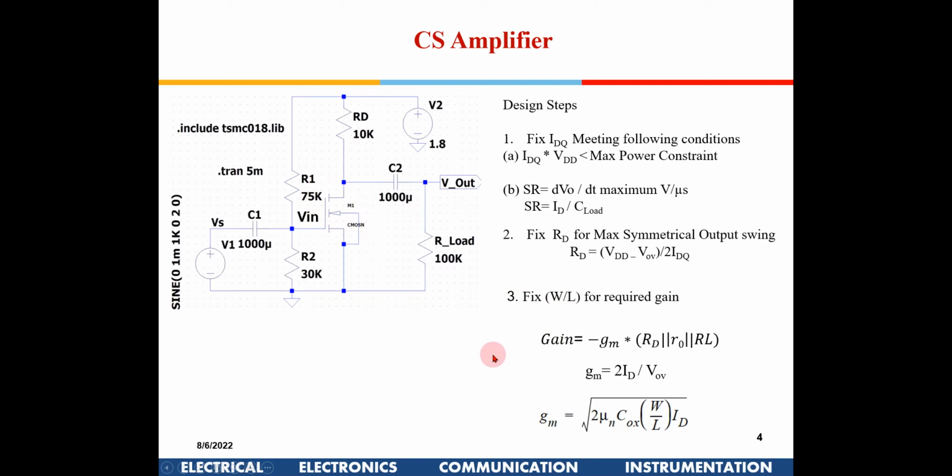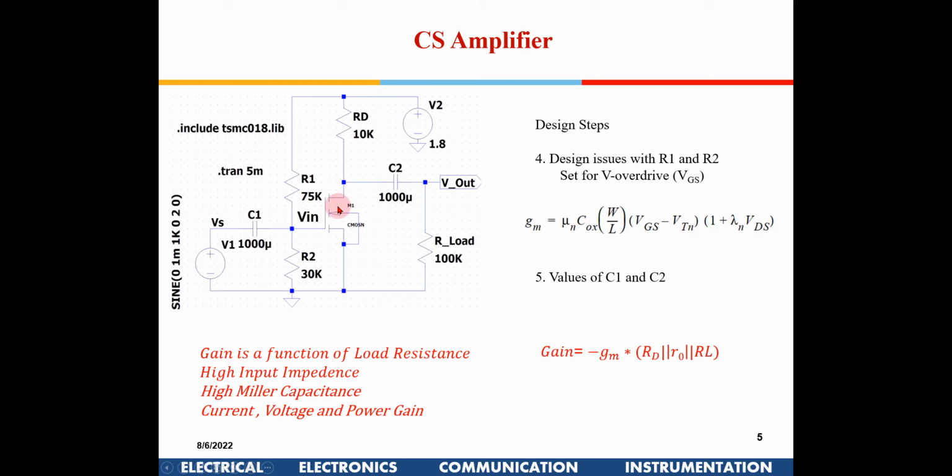Okay, now we saw this gain is a function of load resistance. That is one issue. High input impedance is good when this is being driven by another CMOS amplifier.